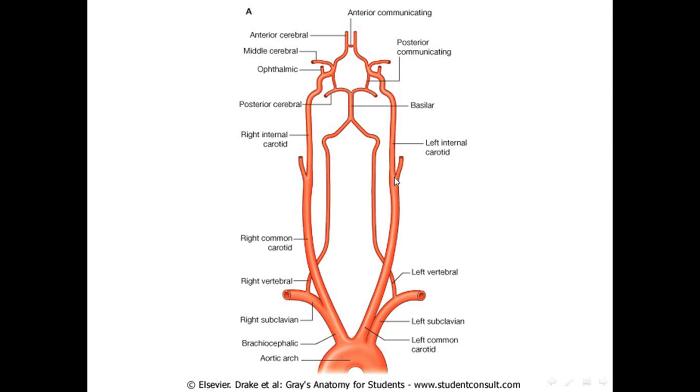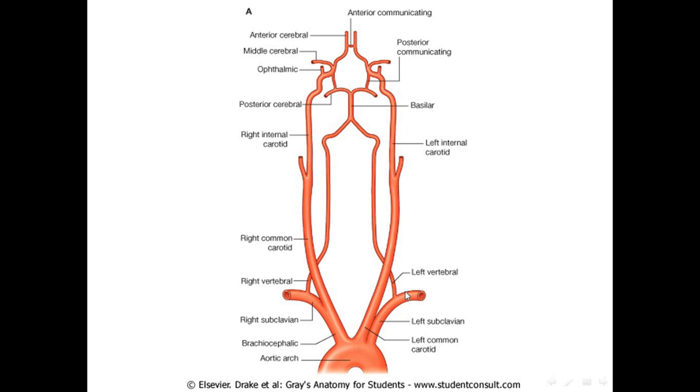At the level between C3 and C5, the common carotid bifurcates to form the internal carotid and the external carotid artery. The internal carotid continues up with no branching within the neck until it enters the cranial cavity, where it contributes to the formation of the circle of Willis and gives branches to the cerebellum and the cerebrum.